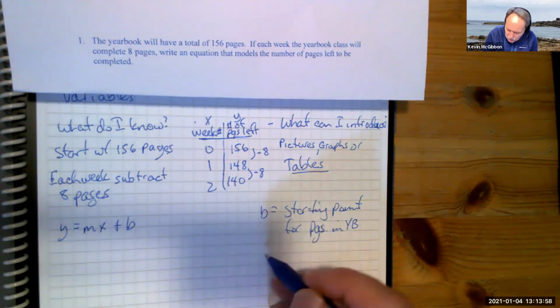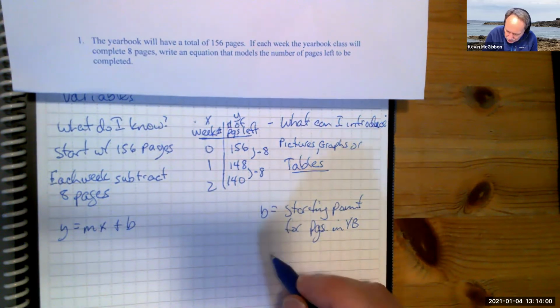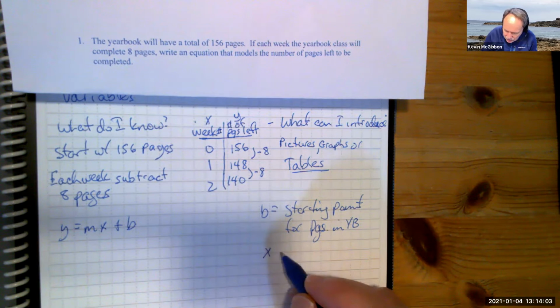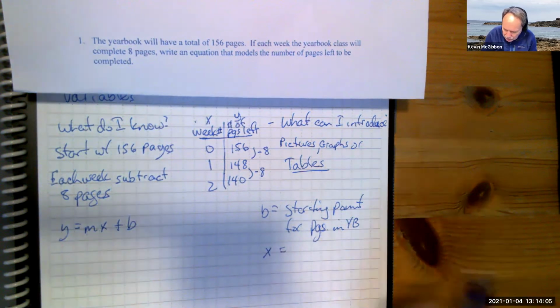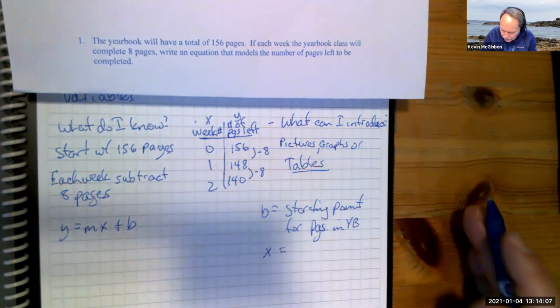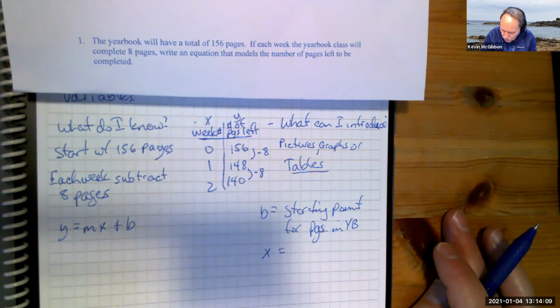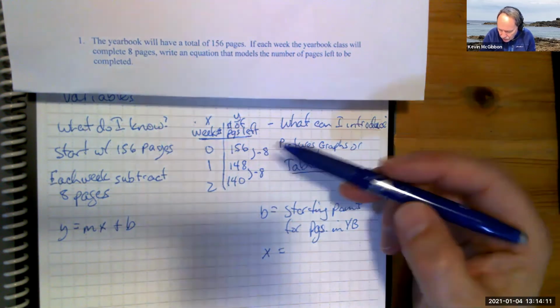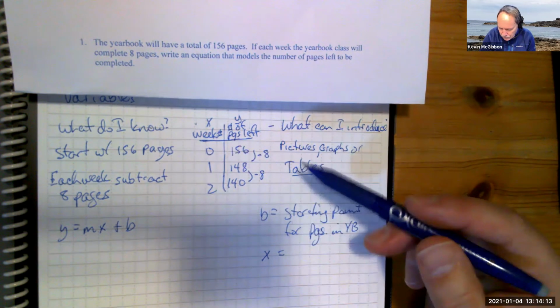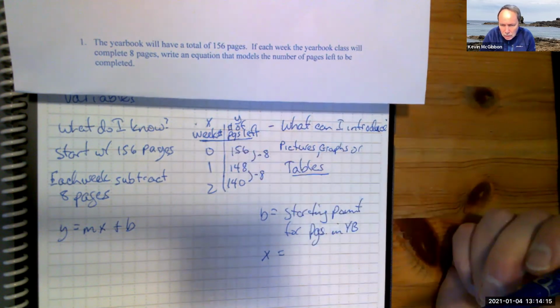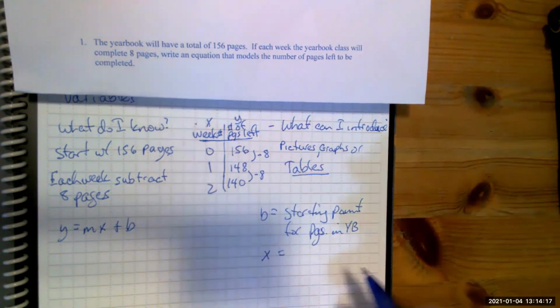And then what is X? What's X going to be equal to in our y is equal to mx plus b if we label it? I think that's in our table too, isn't it? What do we list it as here? Weeks. Yeah, the number of weeks.